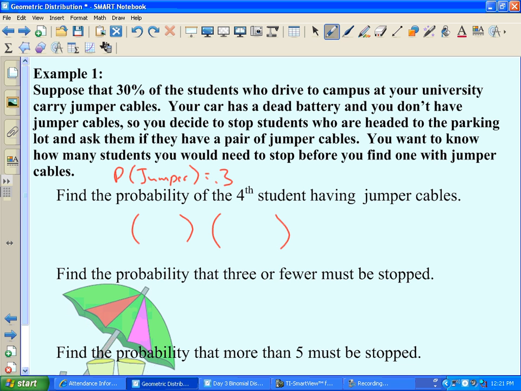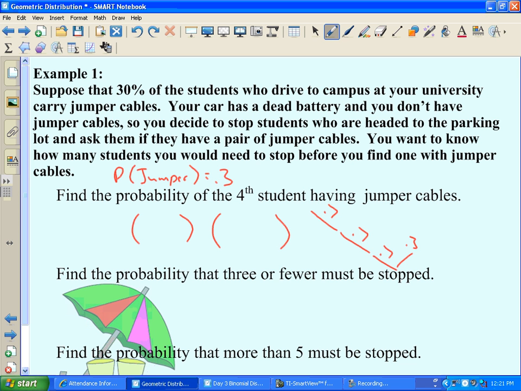We're looking at the fourth person. Doesn't that mean that the first person has to not have jumper cables, and the second person has to not have jumper cables, and the third one has not jumper cables, and then the fourth one does? Does that make sense? So this is 0.7, and that's 0.7, and that's 0.7, and that's 0.3. It's an and event, this and this and this and this, right?